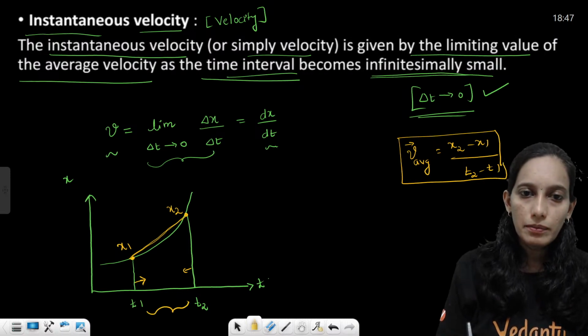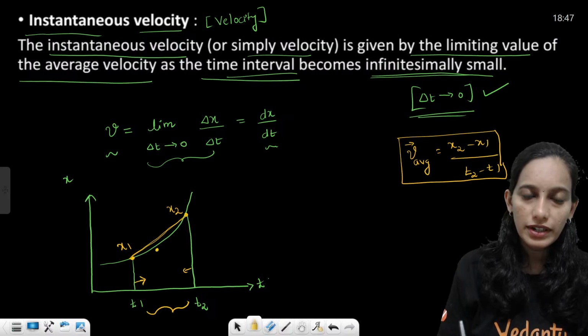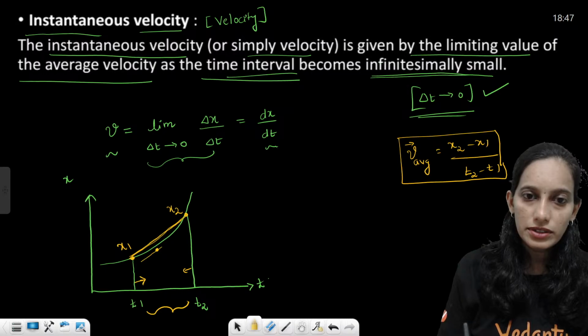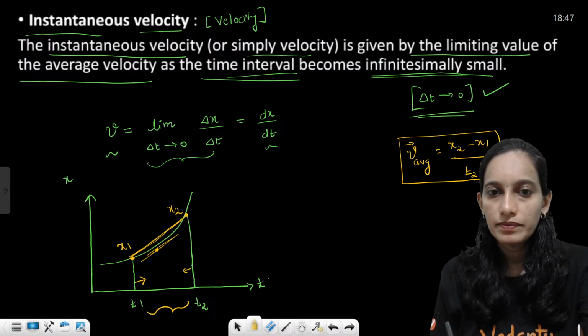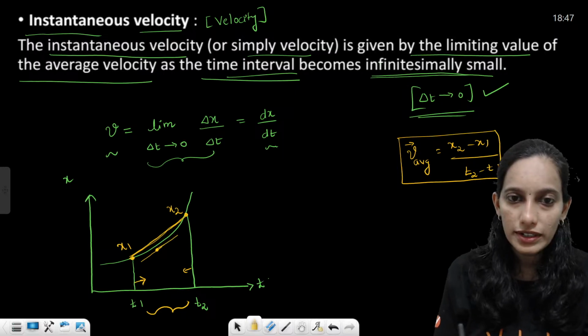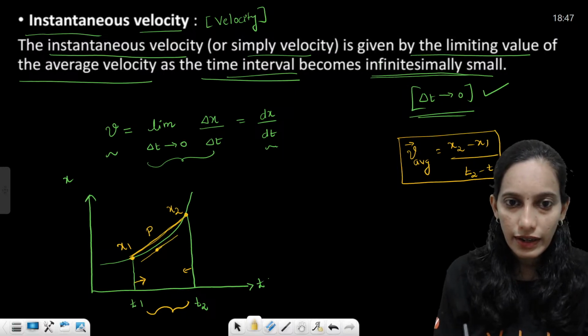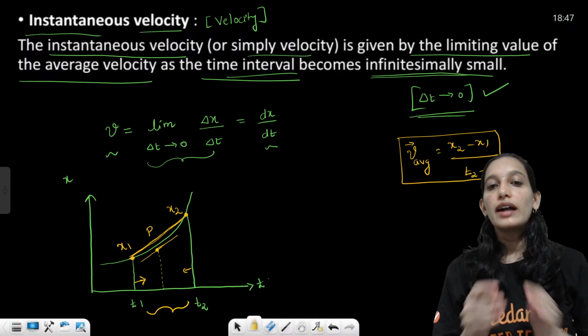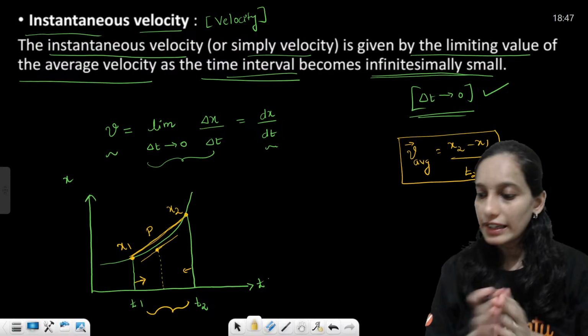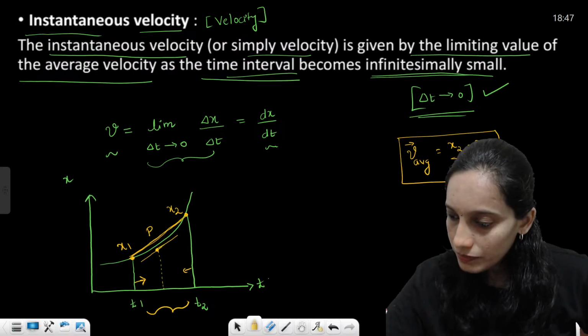So at some point, this delta x line becomes tangent at this point. Let me call that point p. That is what our instantaneous velocity is.